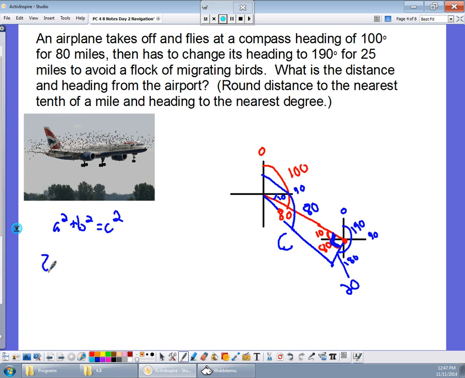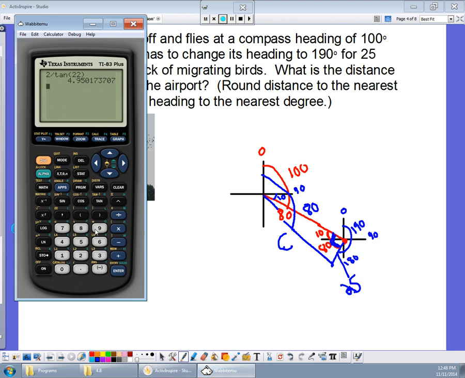So I have 80 squared plus, that distance is 25 squared equals c squared. Let's go back and fix that. This here should be 25. So I'll go through 80 squared plus 25 squared.